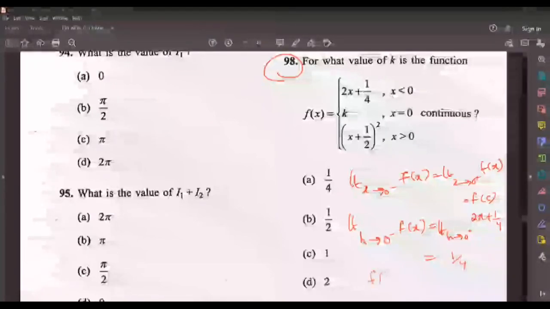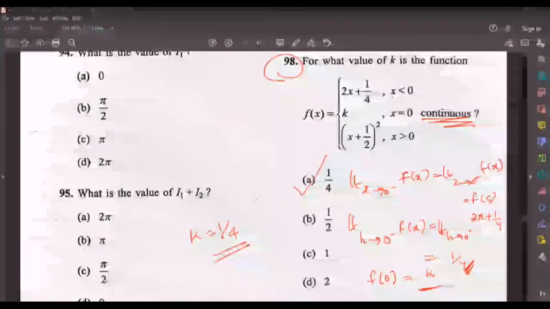Now what is f of 0? F of 0 they have given as k. So k is equal to 1 by 4 because it is continuous. So you need to just equate it. So k is equal to 1 by 4. So the answer is option A, 1 by 4.